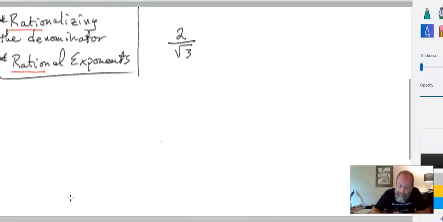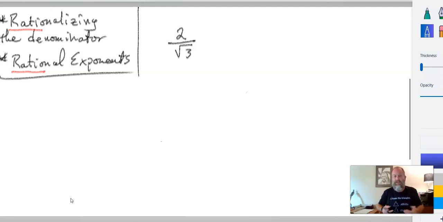So if we look at this thing, we have to be able to alter it so it doesn't change its value, but it has a rational number at the bottom. If we think about things we're allowed to do with fractions that don't change the value, probably the most common is to multiply the numerator and denominator by the same number.